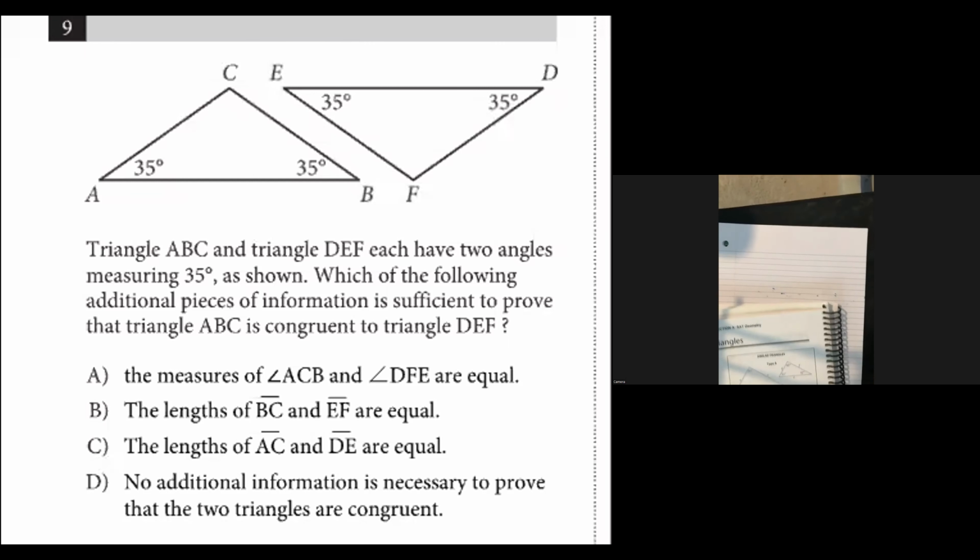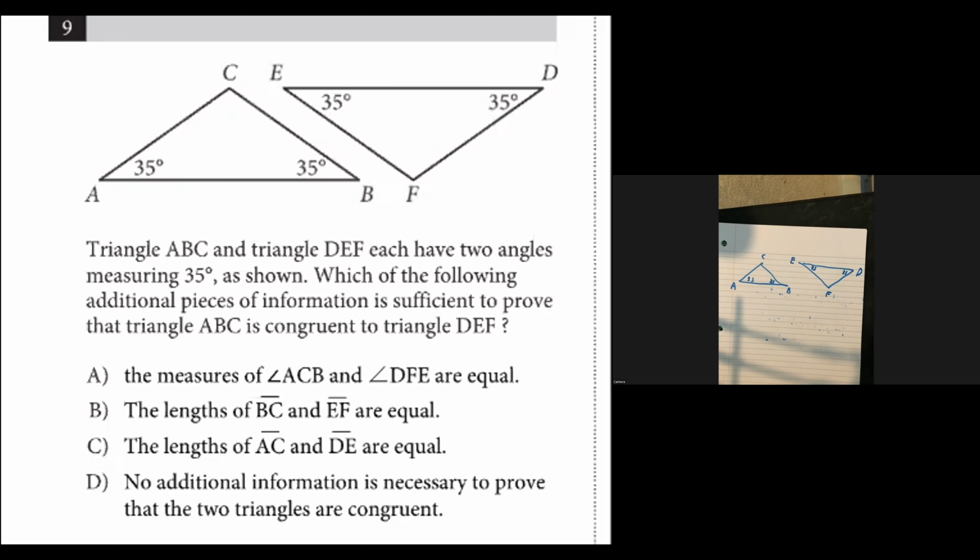And so for question 9, we're given triangle ABC. I should probably just draw these. 35, 35, A, B, C, and triangle EFD, E, F, D. And these are both 35.